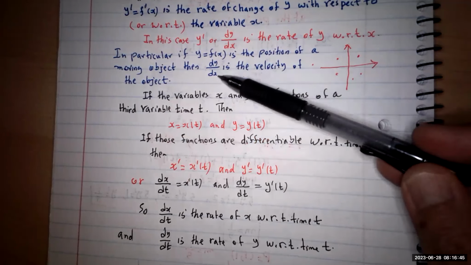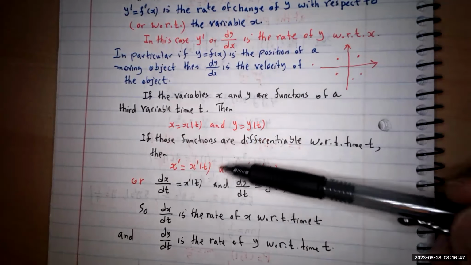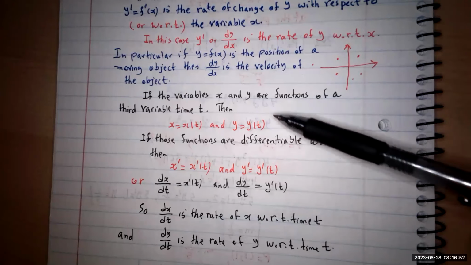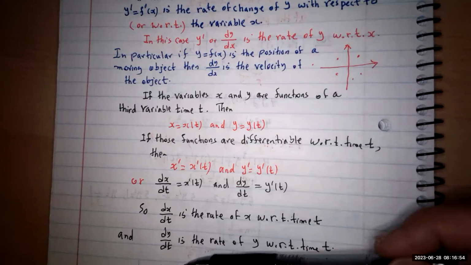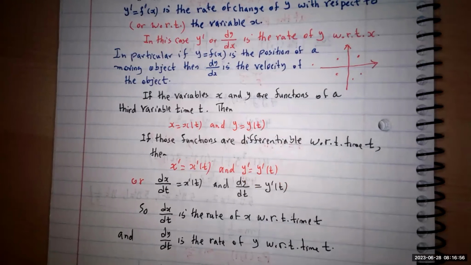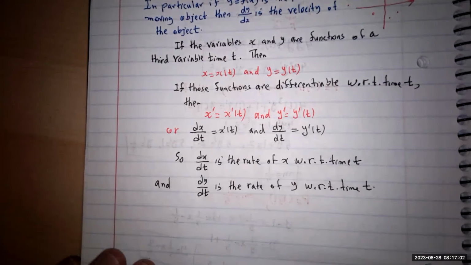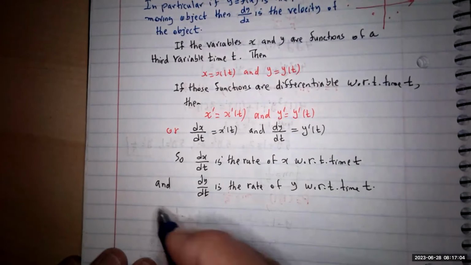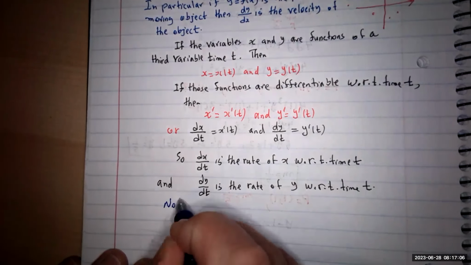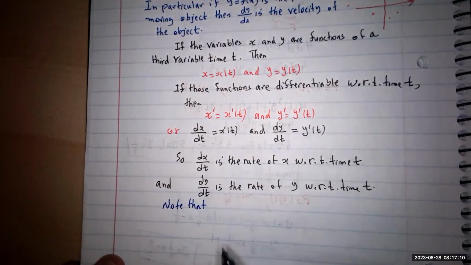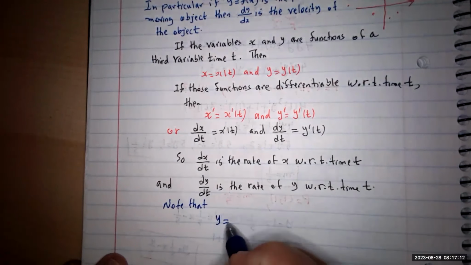So we have dy dx, dx dt, and dy dt. What we would like to do is connect them together. How are we going to do that? Go back to your function. Remember, your function was y equal to f of x.